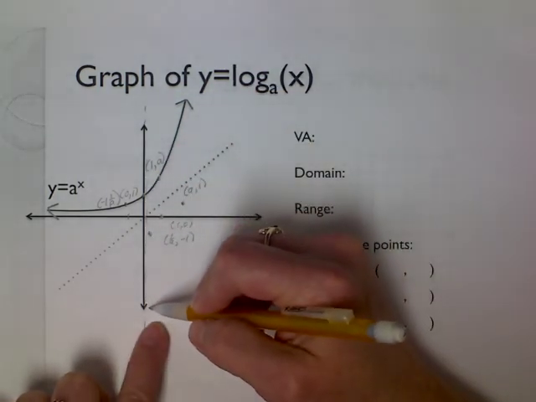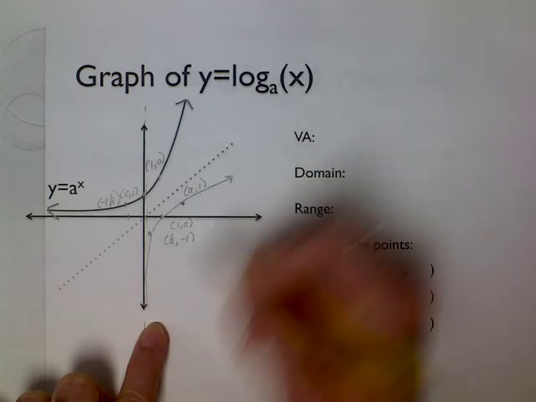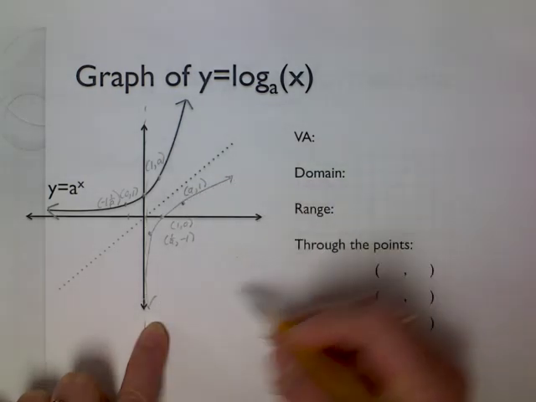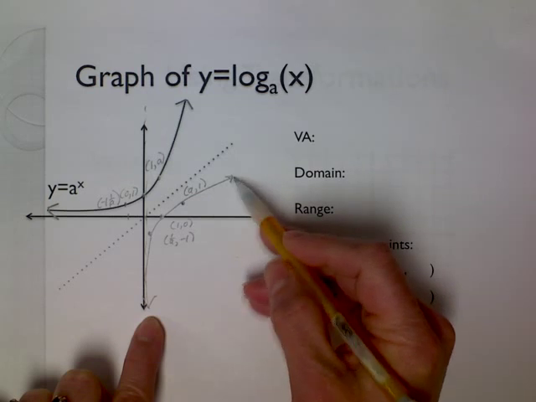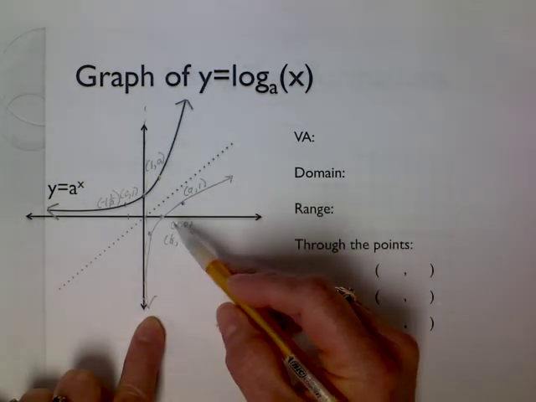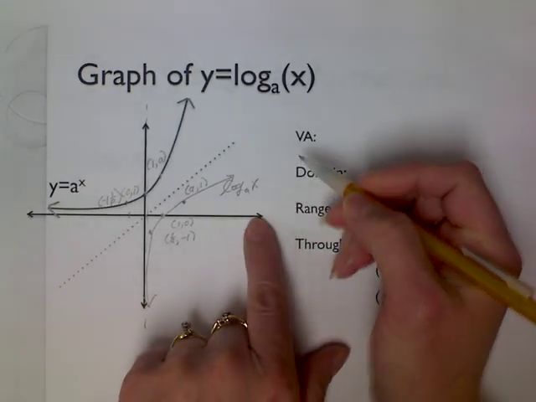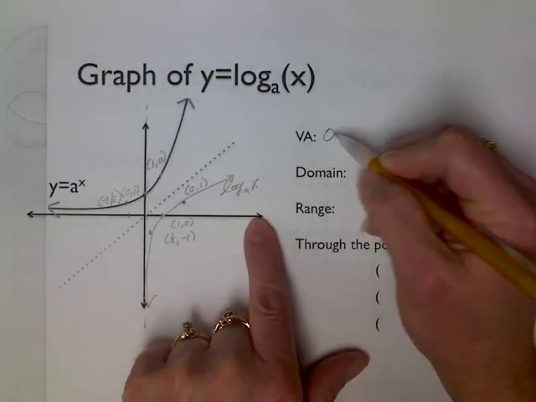Okay, so here's our asymptote. So this guy, I say that he looks like the Loch Ness Monster, so when you hear me talking about Nessie or Lockie, that's what I'm talking about. He just comes up here and there's his head. Okay? So this is our log base a of x. The vertical asymptote is at 0.